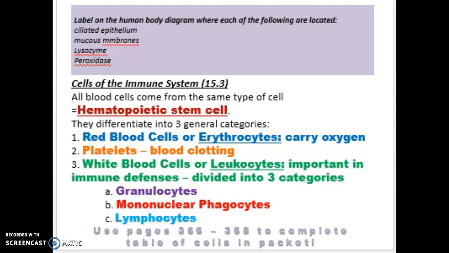But in your textbook, in the innate immune response chapter, you will be able to look up what each of these has, and there's a table in your packet. Each one of them does something different in the immune system, and they also contain something different. Some of them have a special compound in them that helps them perform their job. If not, you're just going to write down NA.